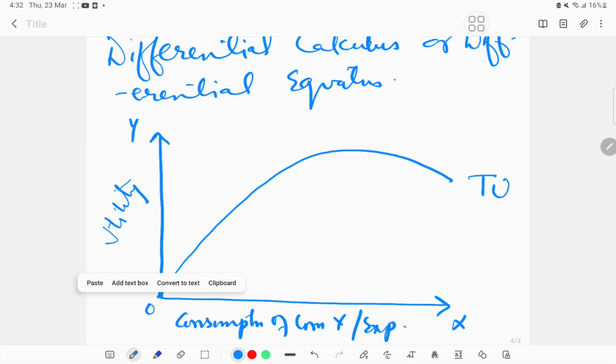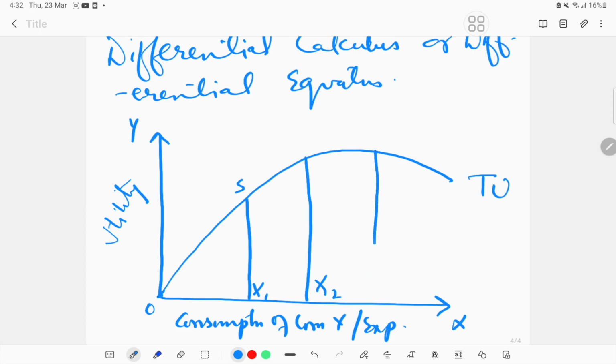And if we consume x1 commodity, and this is x2 commodity, and this is x3. This is consumption of commodity x; x1, x2 and xn keep on increasing. So the amount of commodity keeps on increasing.